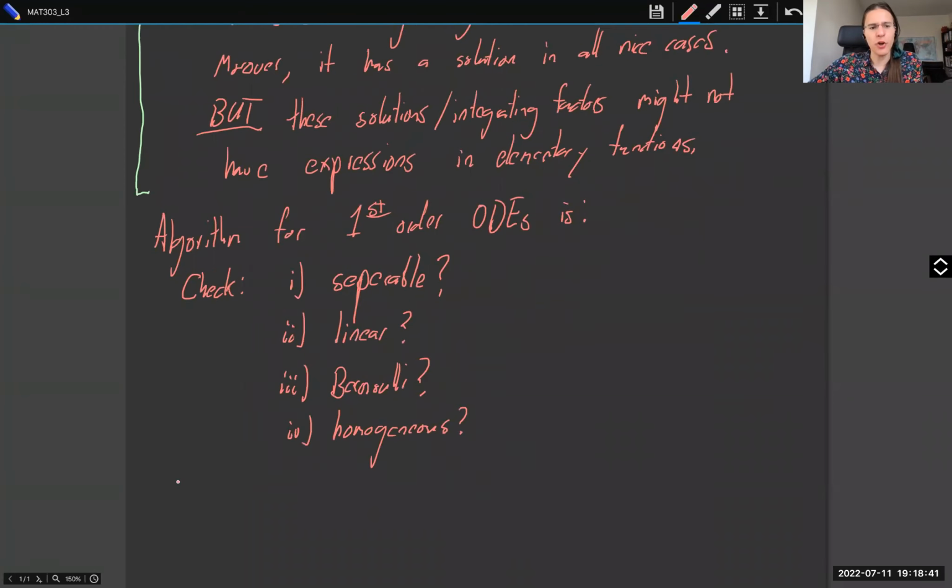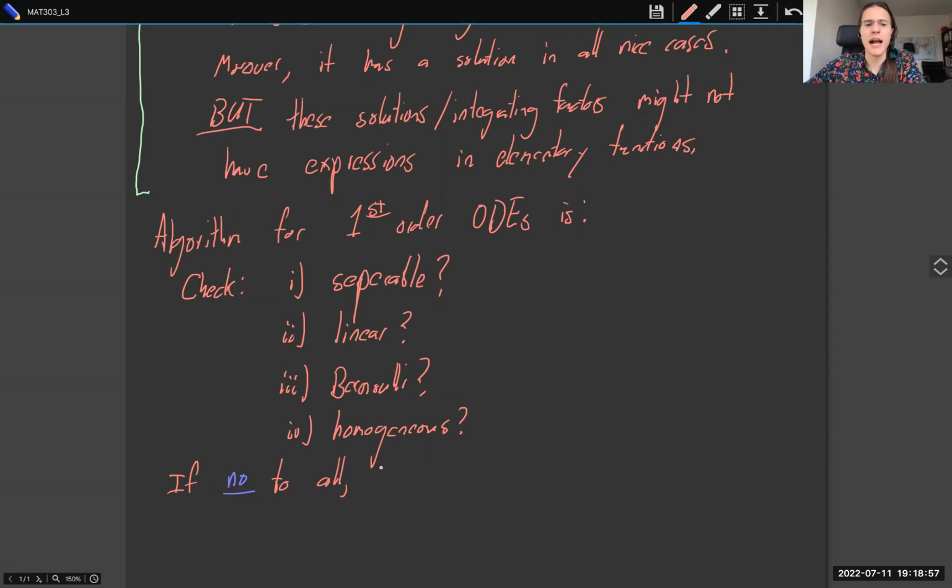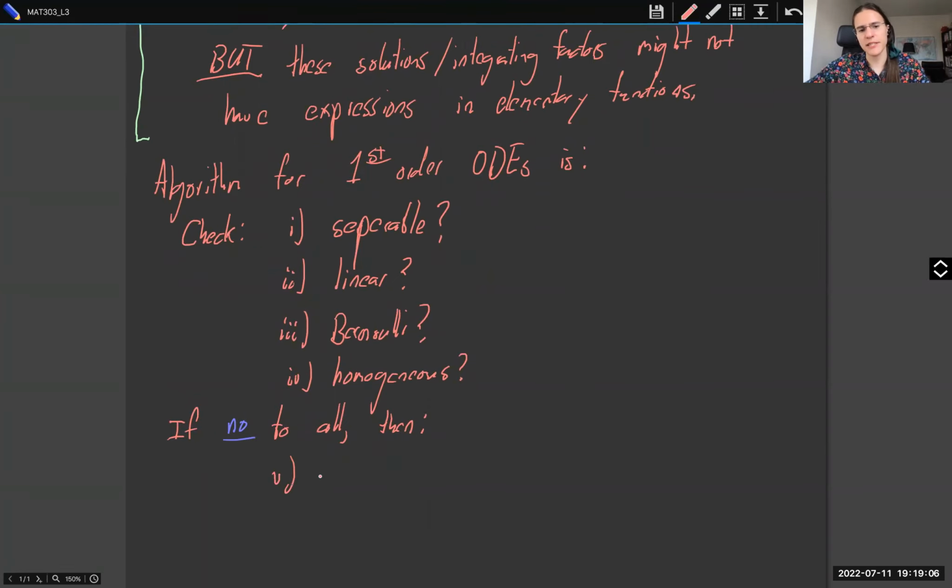And then if no to all, check if it's exact. And if it is, then you're done. And if it's not exact, then find an integrating factor.